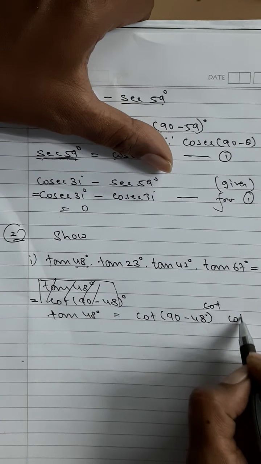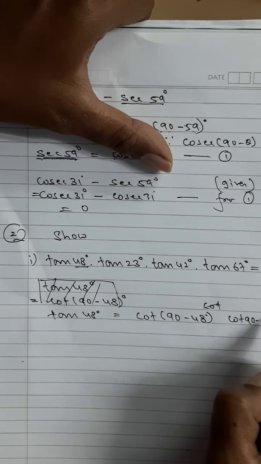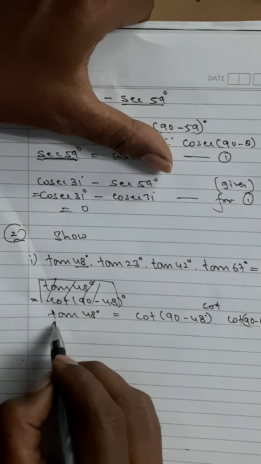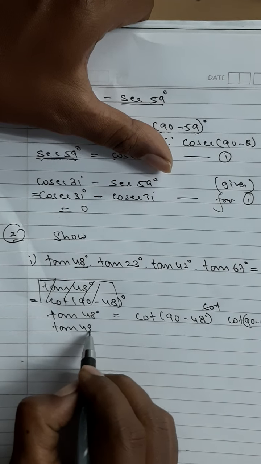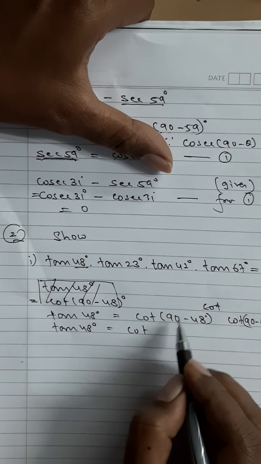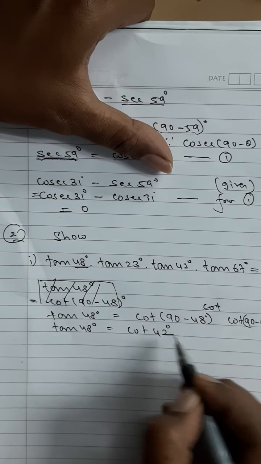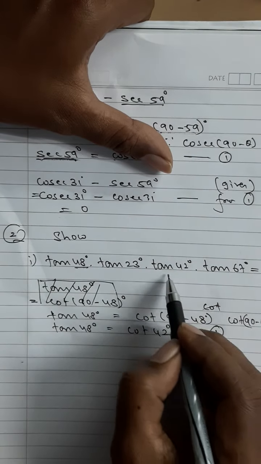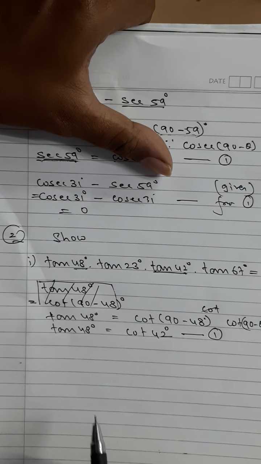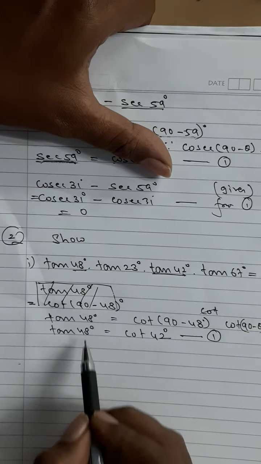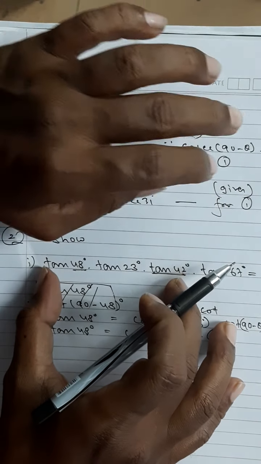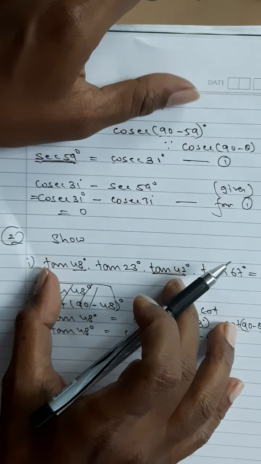The reason for this is cot 90 minus theta is equal to tan theta. So tan 48 degree will become cot 42 degree. This I have to remember. So now I will not touch tan 42 degree, because I have got 42. Tan 48 is equal to cot 42. So I have got this, converted to the same angle 42.